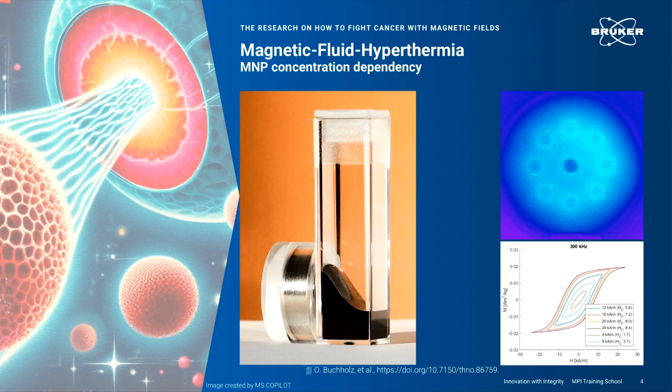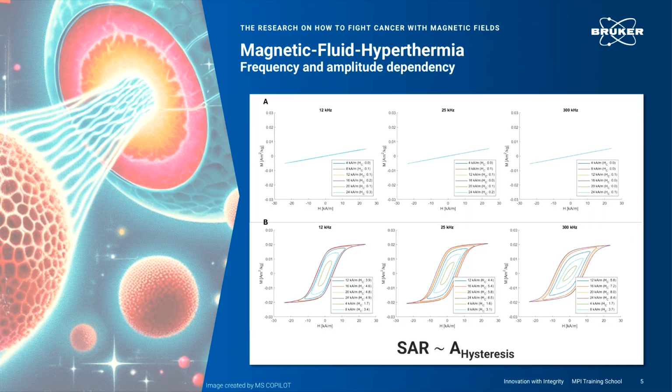This is the highest concentration, therefore we have a high temperature increase. This is the lowest concentration, therefore a lower temperature increase. And this is already one of the first problems of hypothermia. We have a dependency on the concentration. And for standard magnetic fluid hypothermia, we don't know the concentration in the tissue, right? And I will come back to this again.